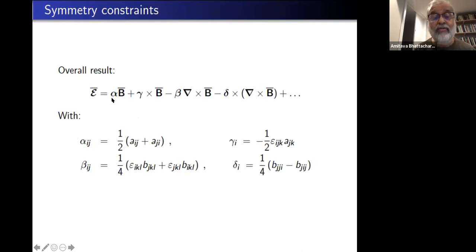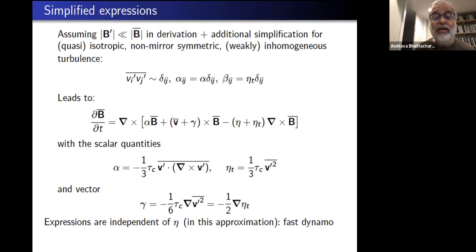And what do you need for the alpha coefficient to be non-zero? The turbulence has the property, and I'm going through some equations because I want to focus on the concept, that the fluctuations V prime and the vorticity of the fluctuations, curl of V prime, omega prime, have V prime dot omega prime non-zero.